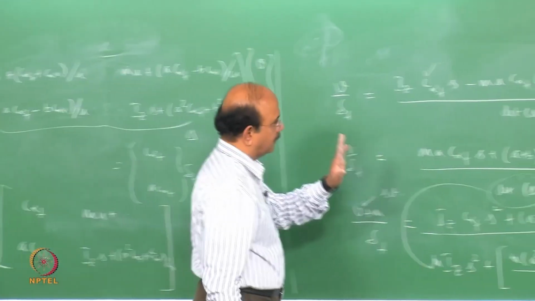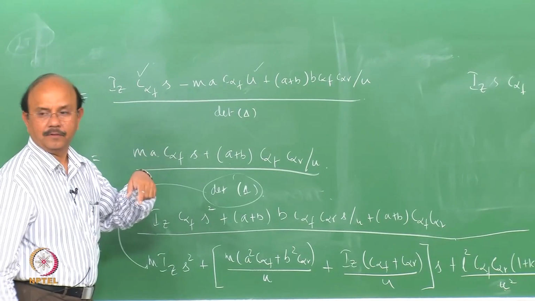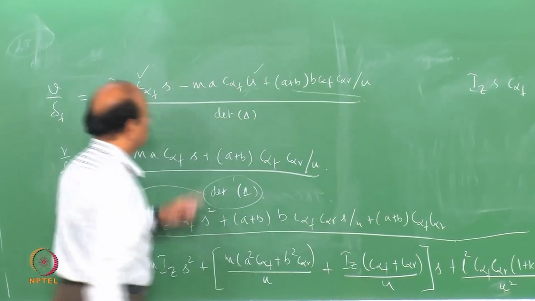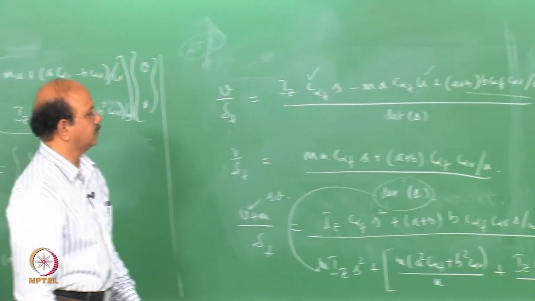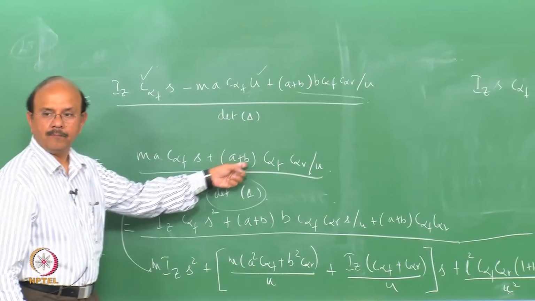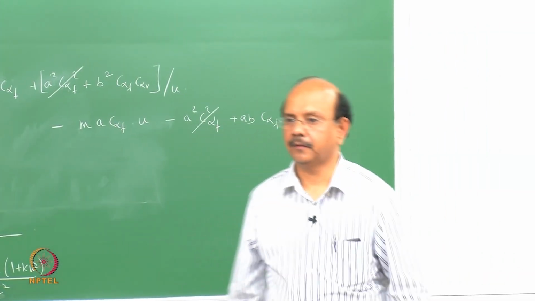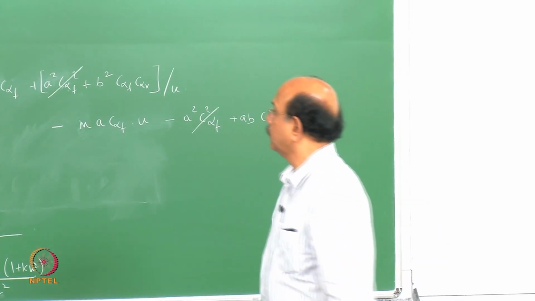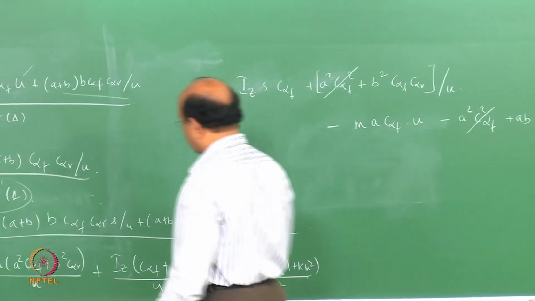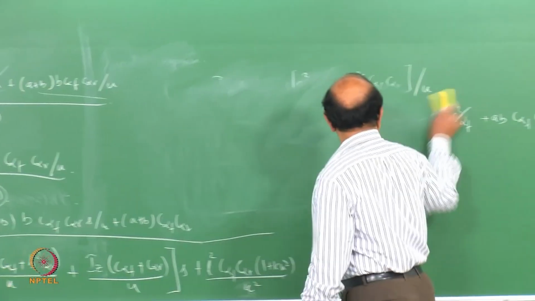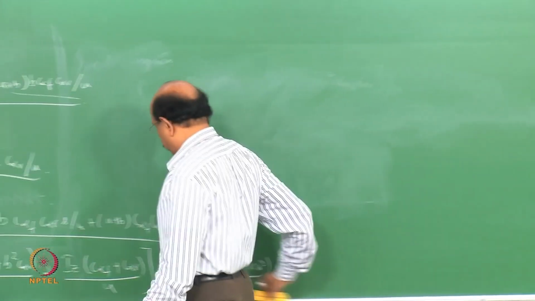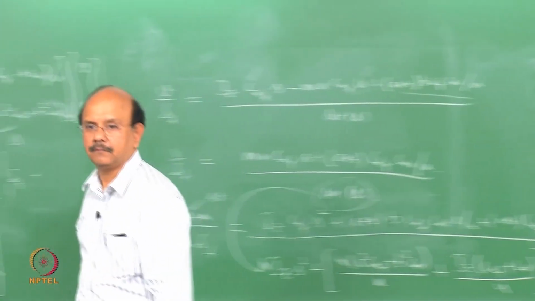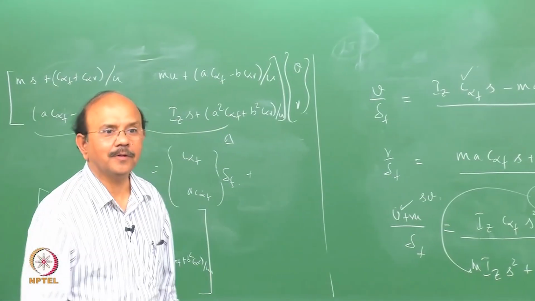So that is an important thing. Now you see that this term is multiplied by S, and that's the term I have here, and this term is multiplied by U, and that's the term I have here, right? Correct. Great. Now let's look at this. Clear. Now you are clear with the derivation as well.